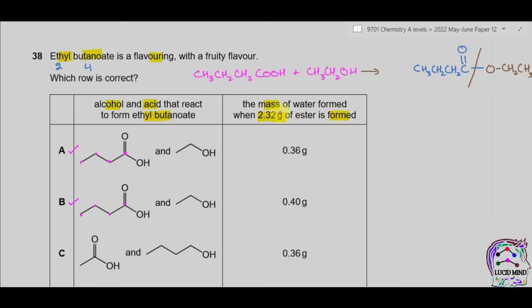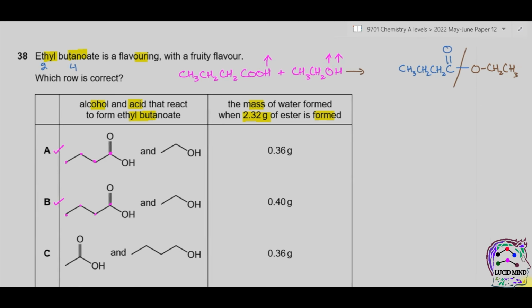Okay, now let's look at the mass of water formed when 2.32 grams of ester is formed. So whenever 1 mole of this carboxylic acid reacts with 1 mole of alcohol, what happens? This hydrogen and this OH form a water molecule. So the second product that is present is H2O. Now the molar ratio is 1. We have 1 mole of carboxylic acid, 1 mole of alcohol.